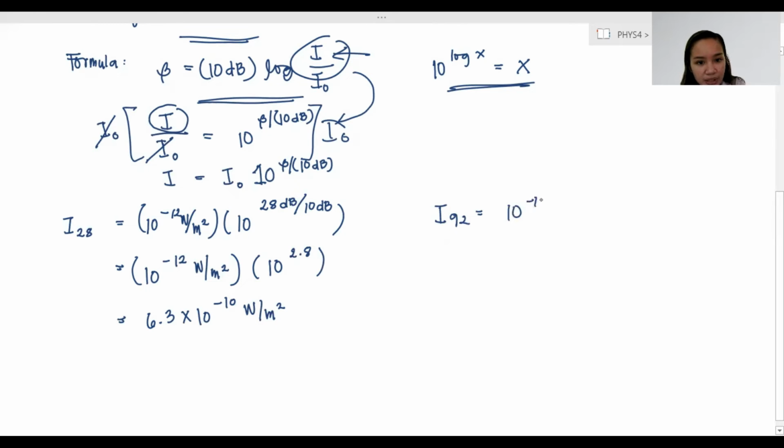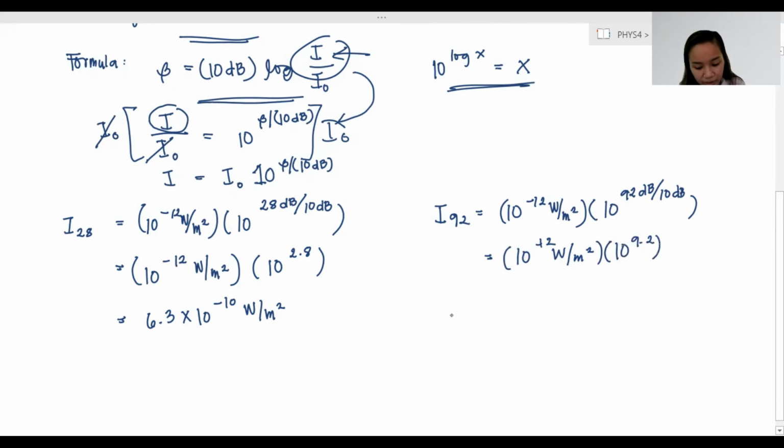Okay. Now for the I92, we will still do the same process. That's 10 raised to negative 12 watts per meter squared, okay, times 10 raised to 92 decibels divided by 10 decibels. This will give us 10 to the negative 12 watts per meter squared times 10 raised to 9.2.